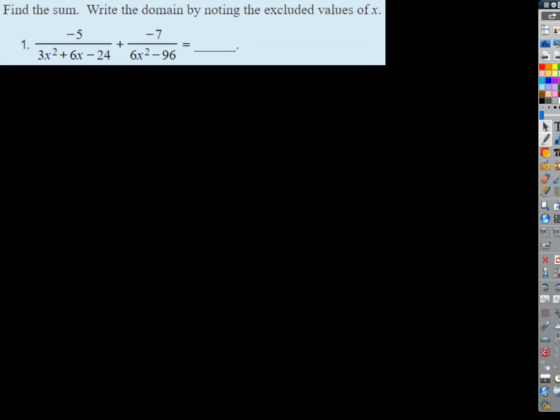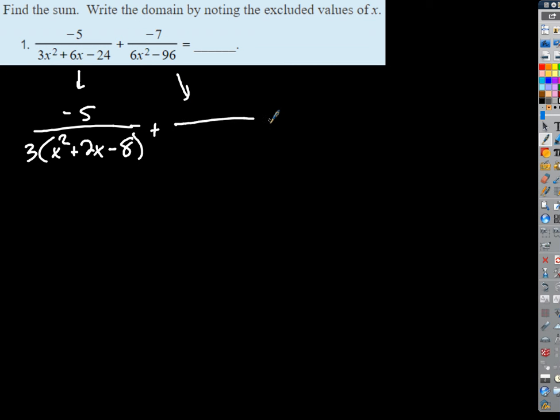What can I do to the bottom of this guy? Factor. Take it out. So I can take out a 3, which leaves me with x squared plus 8. Okay, good. And then over here, I could do what?